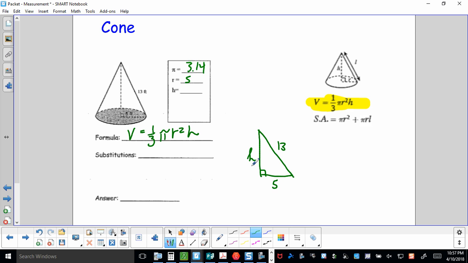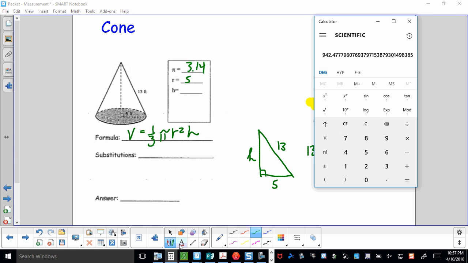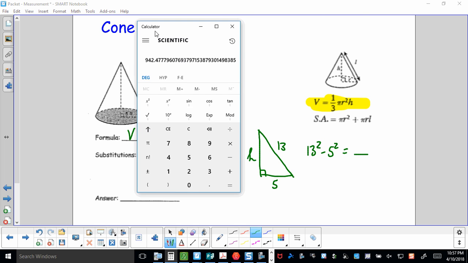And looky here, here's our old friend, the right triangle. So we can use the Pythagorean theorem. Well, we know the hypotenuse, so we want to know the leg, which is smaller. So we take 13 squared minus 5 squared, and we take the square root.